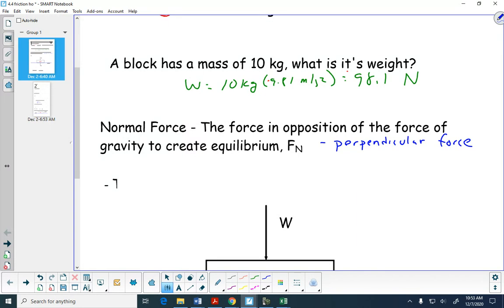And when we talk about this equilibrium, the net force on the object will equal 0. The object is just standing still.